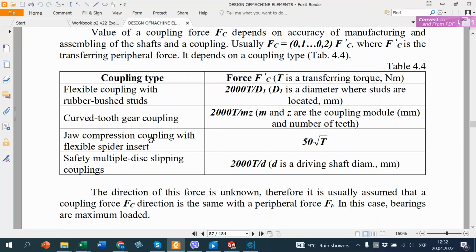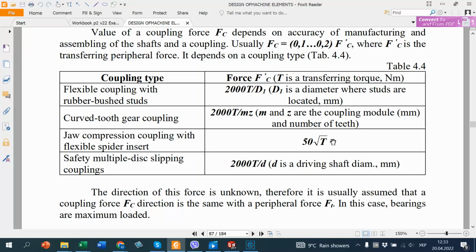For the jaw compression coupling, which we used for this connection between engine and gearbox, this force can be calculated like this. This force is not the force which is transferred from engine through coupling to pinion.